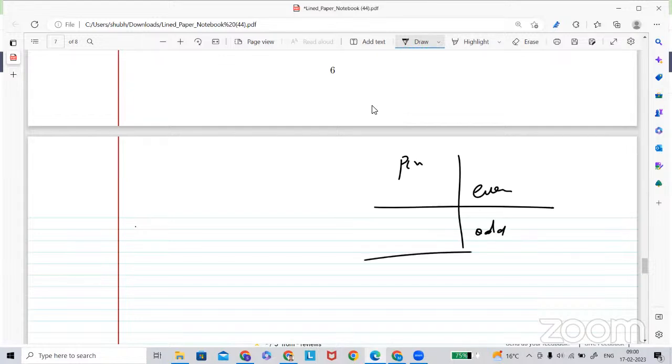Okay, and it depends on two things: the highest degree coefficient, and whether it is an even or odd degree polynomial, right? Yes, sir. It depends on two things.